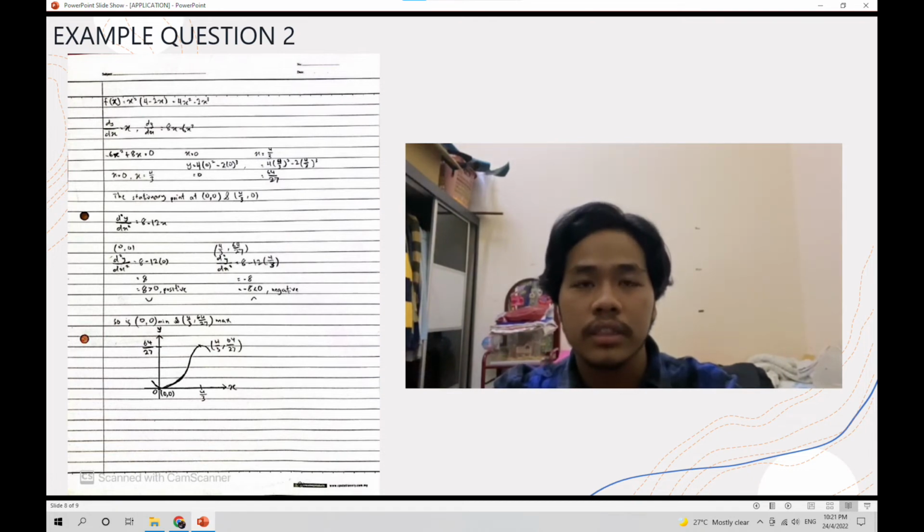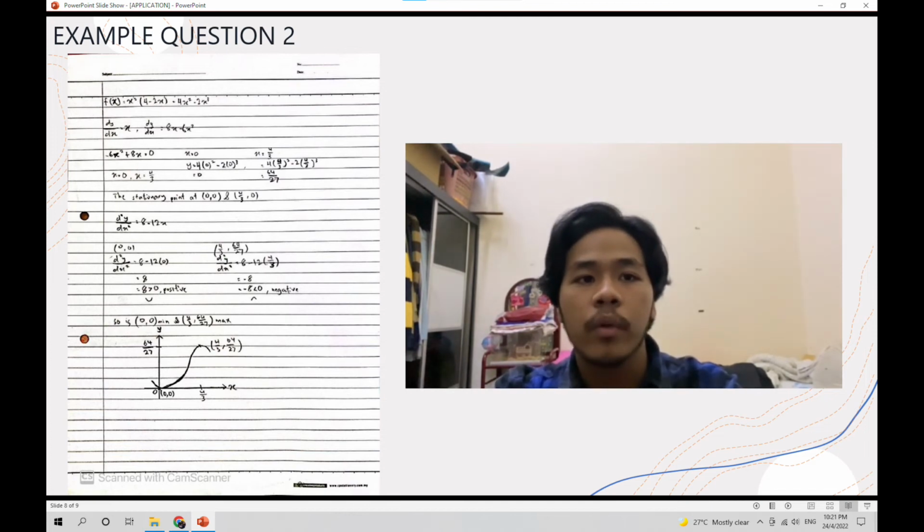So x2 equal to 4 over 3, then y equal to 4 times (4 over 3) squared minus 2 times (4 over 3) to the power of 3. So you get 64 over 27. So the stationary points are at (0, 0) and (4 over 3, 64 over 27).